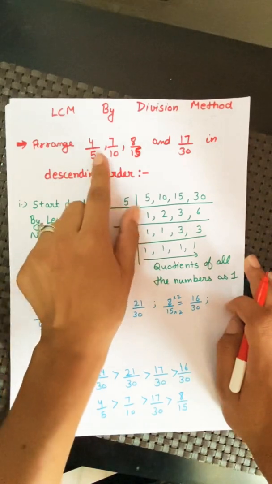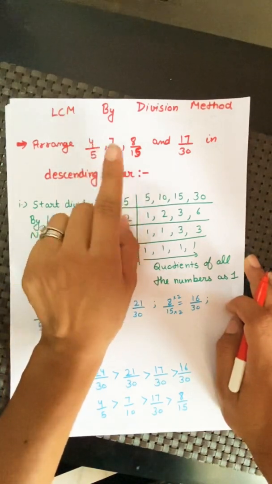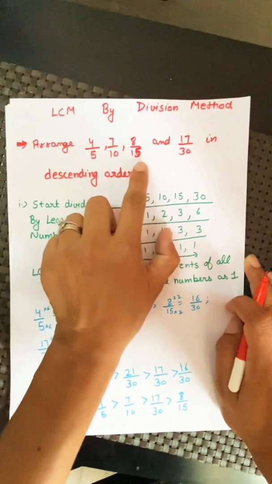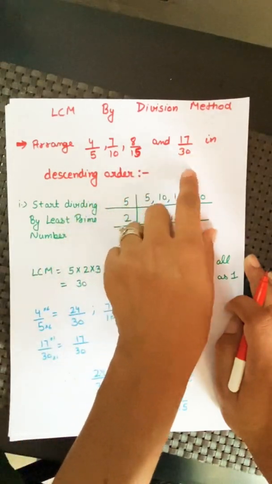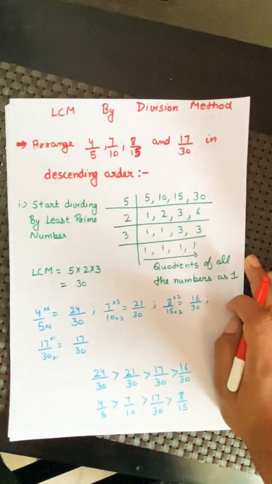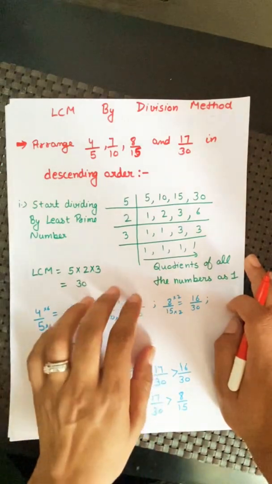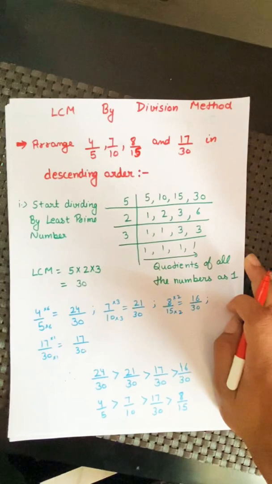Our question says arrange 4 by 5, 7 by 10, 8 by 15 and 17 by 30 in descending order. Before arranging them into descending order, we have to convert them into like fractions.